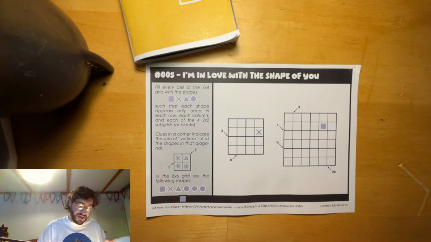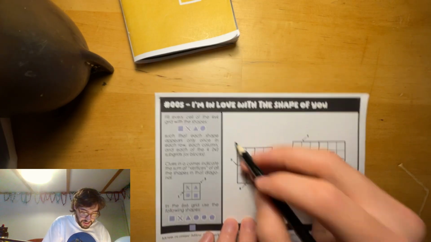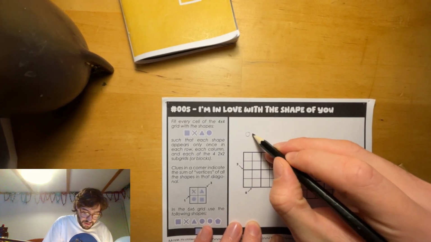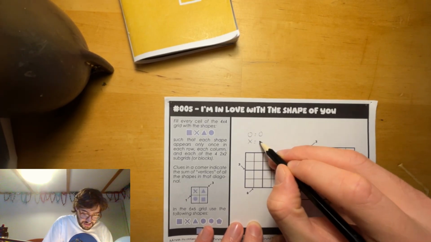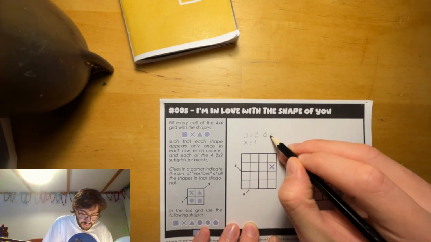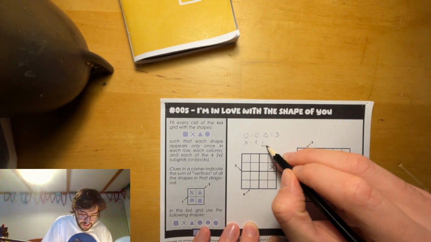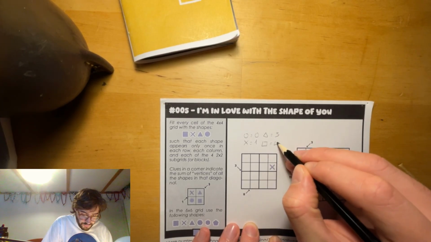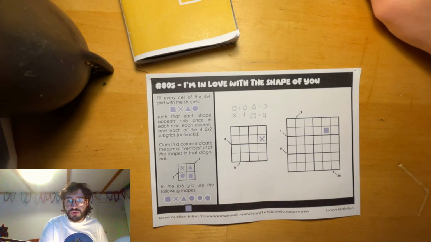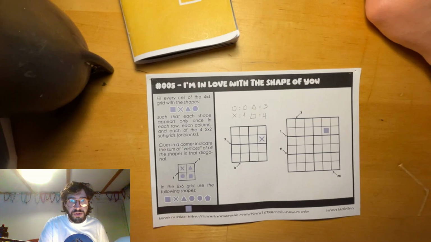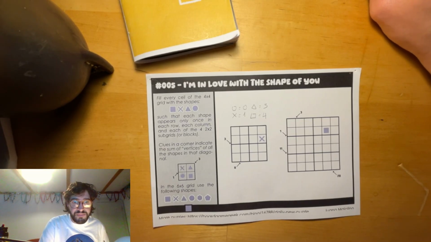In this case, the circle is 0 vertices, the X is 1 vertex, the triangle is 3 vertices, and the square is 4 vertices.